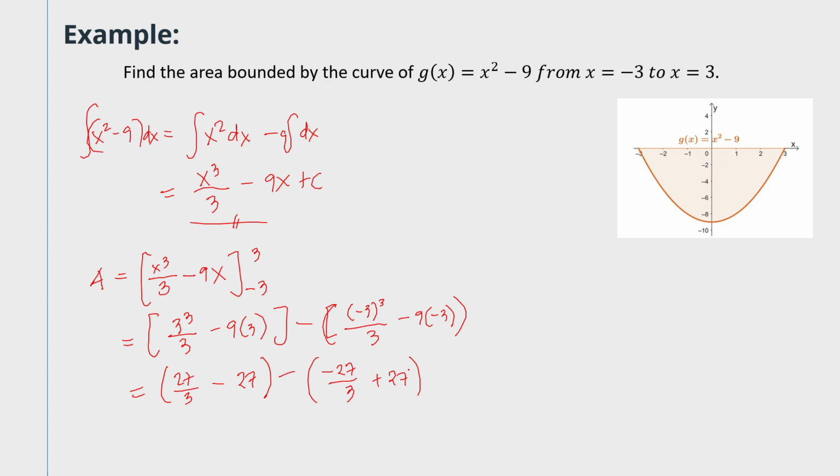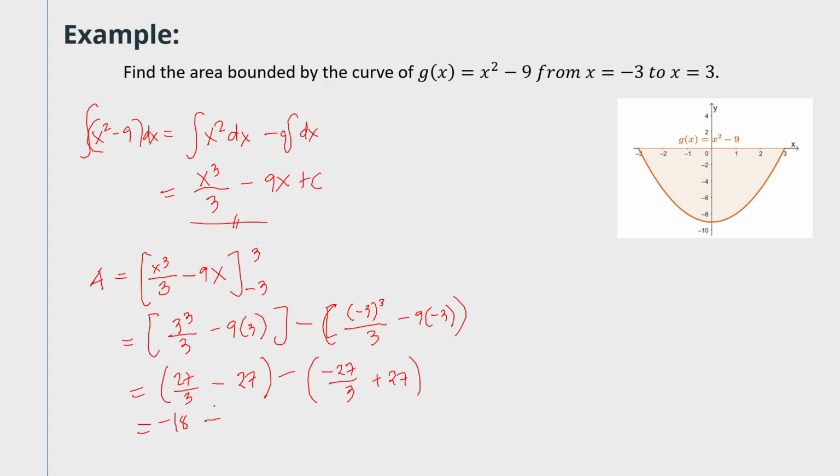Okay, then after which we are going to simplify. So this will become 27 over 3 minus 27 is negative 18.